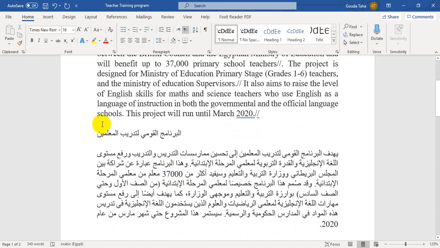So again, this is my attempt, my draft of this text.